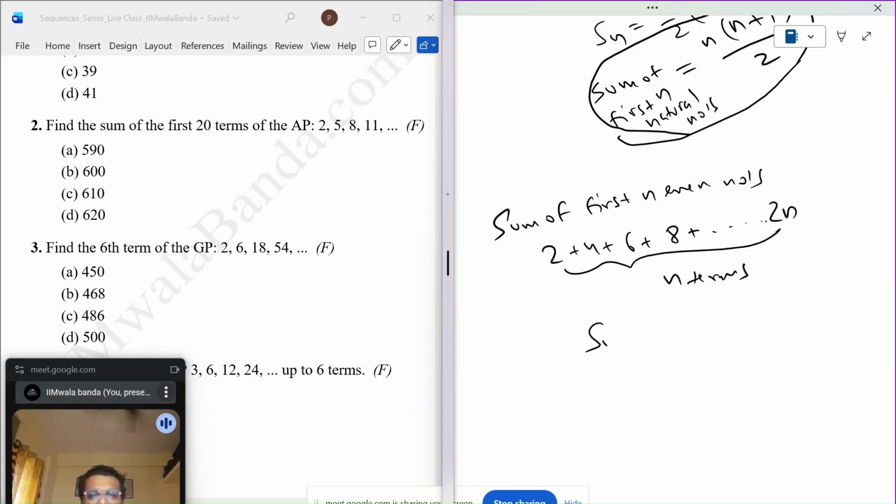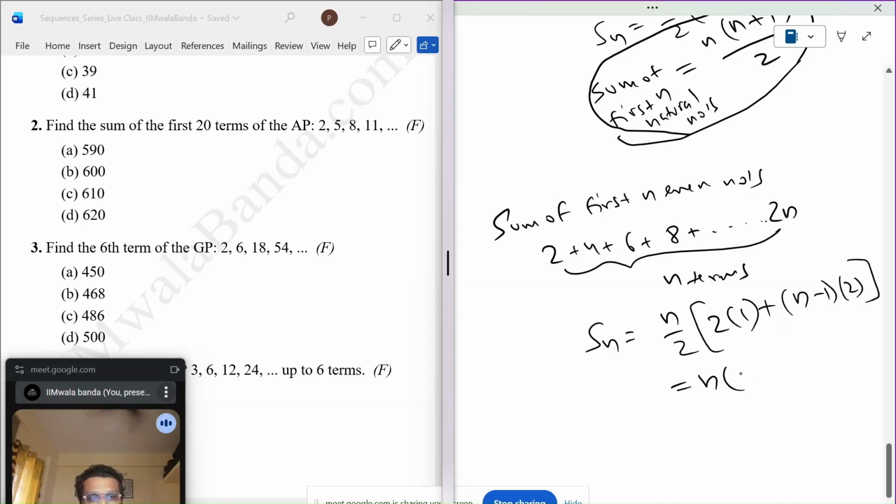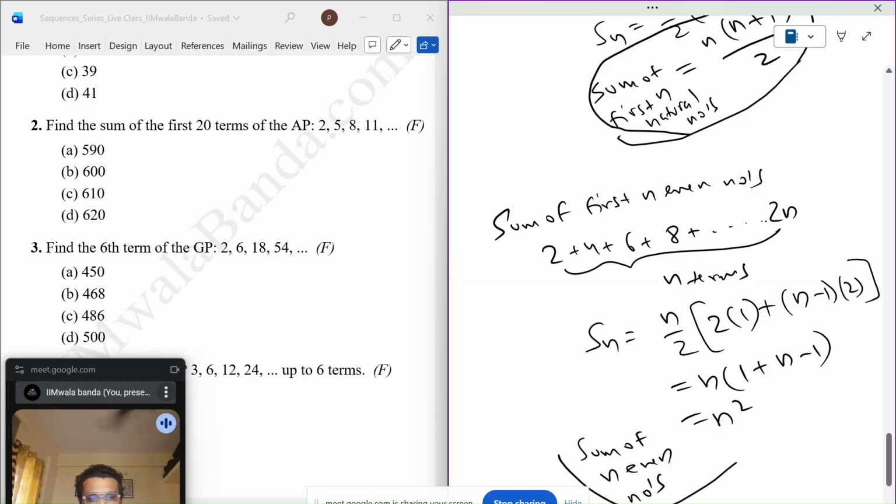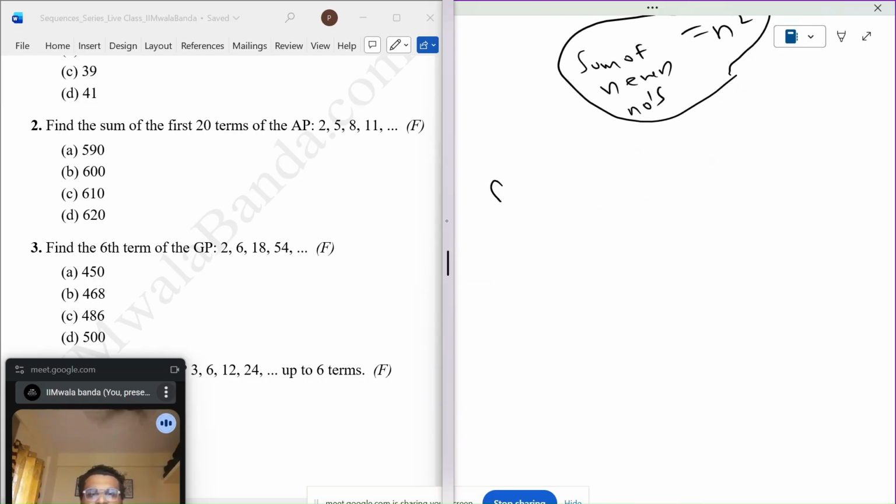Now, what will be the sum? n upon 2, a plus an, I can do because I already know the nth term, or I can do 2 times a plus n minus 1 into d. 2 and 2 will get cancelled, so this will become 1, this will become n minus 1, or n square. So this is basically the sum of n even numbers. Got it? This also you can memorize, otherwise you can quickly find it out. Similarly, sum of first n odd numbers.